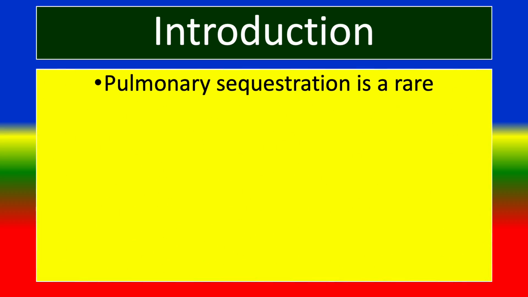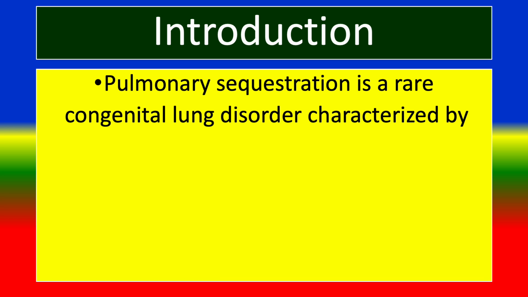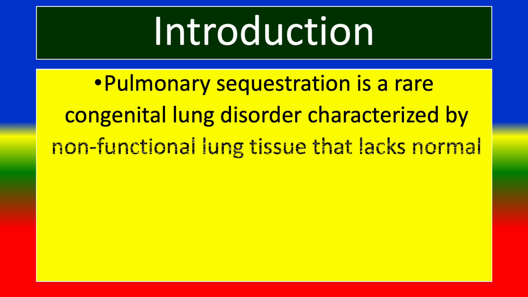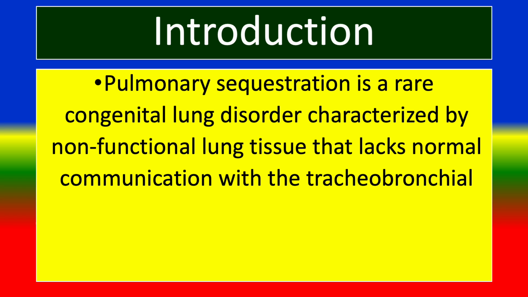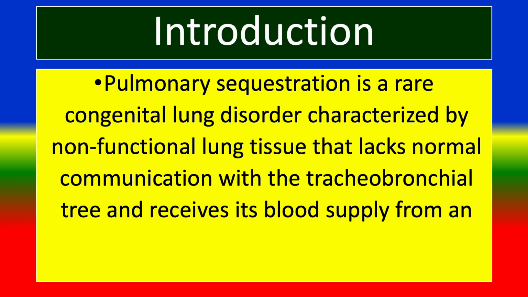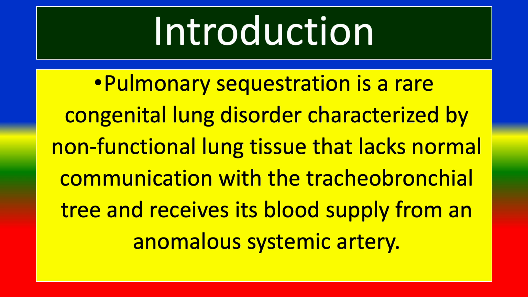Introduction. Pulmonary sequestration is a rare congenital lung disorder characterized by non-functional lung tissue that lacks normal communication with the tracheobronchial tree and receives its blood supply from an anomalous systemic artery.